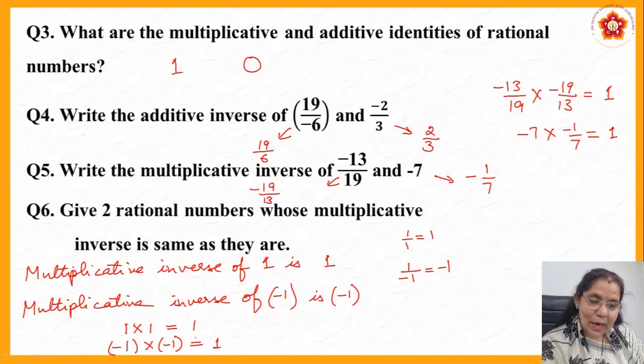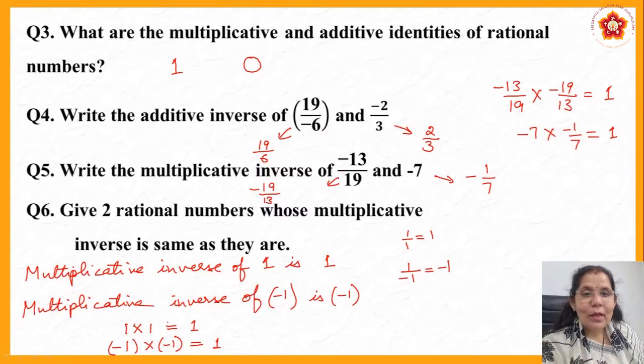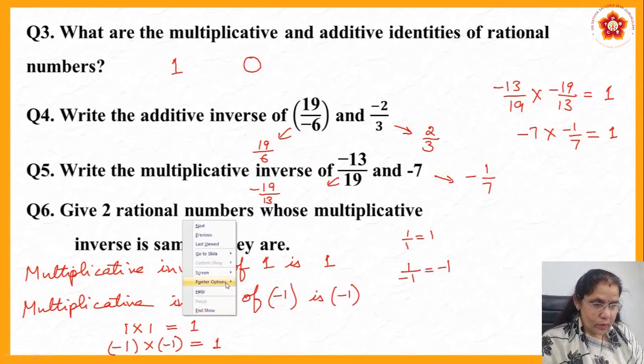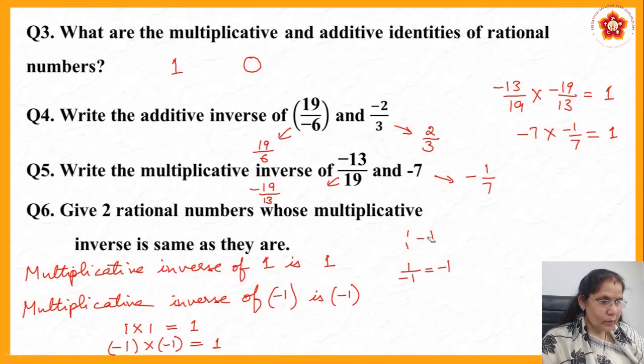We get 1. And the definition is, the multiplicative inverse is that number which, when we multiply by the given number, the answer should come equal to the multiplicative identity, that is 1. So this should be clear to all.